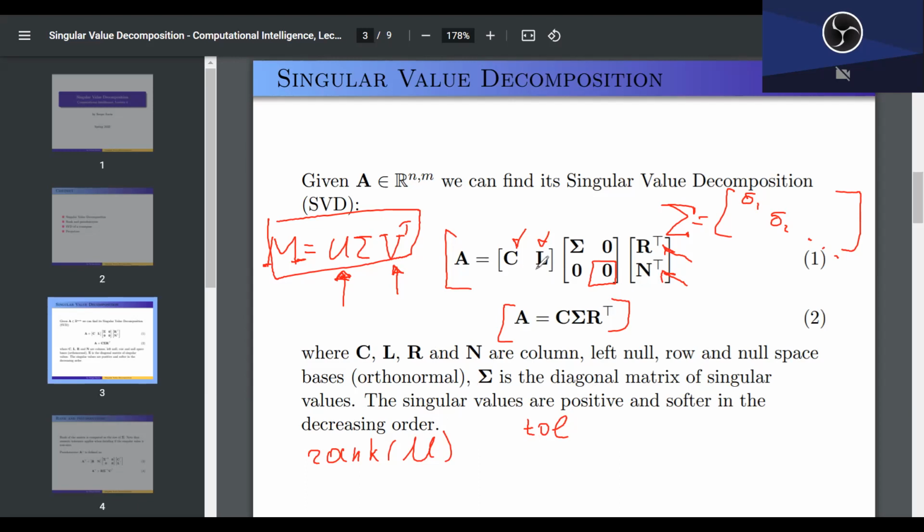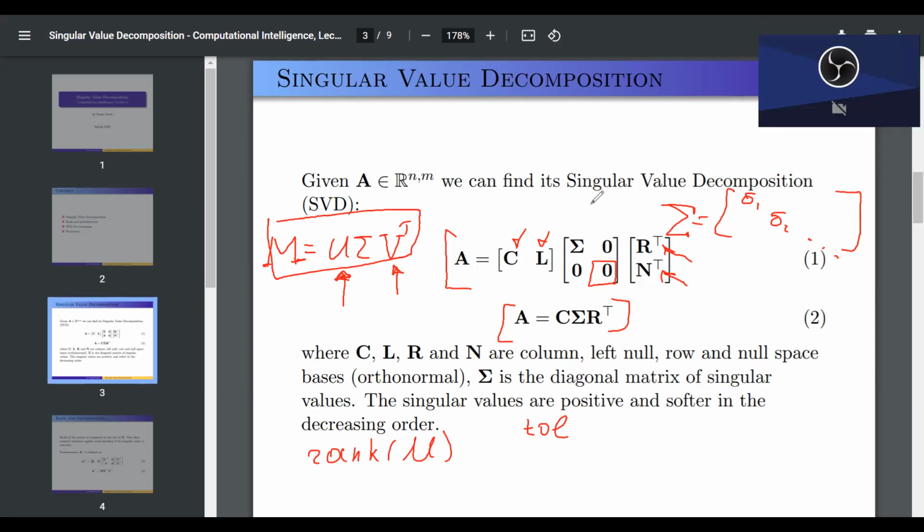So if A is invertible, it means it is full rank, right? If it is full rank, let me just get a white screen for a second and we'll discuss full rank. So let's say M is full rank.